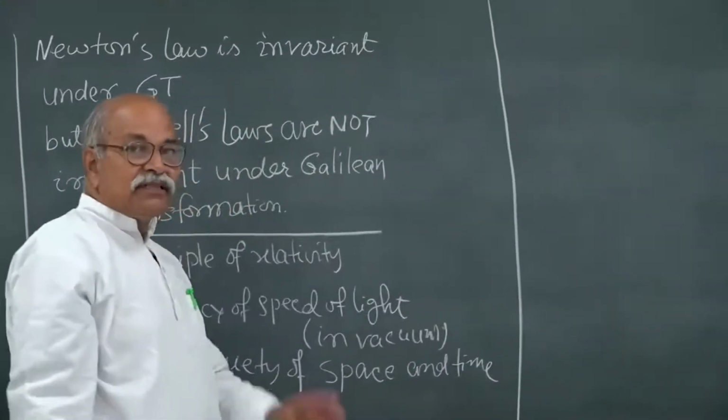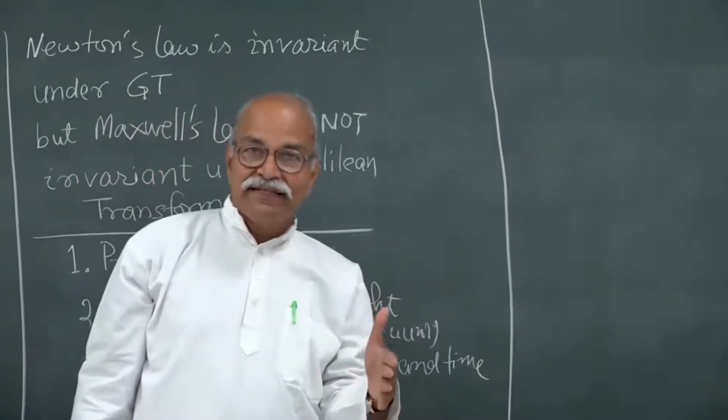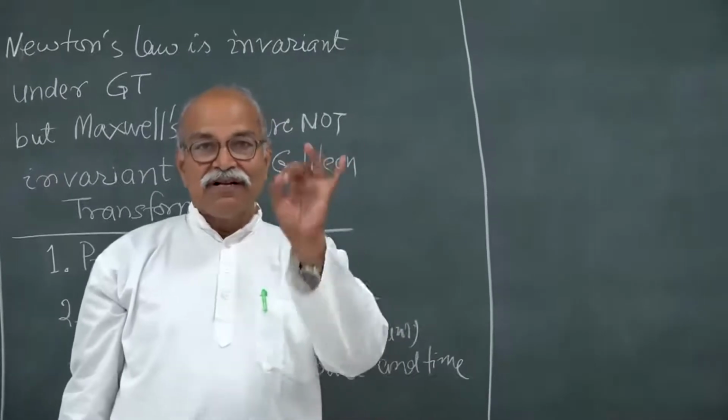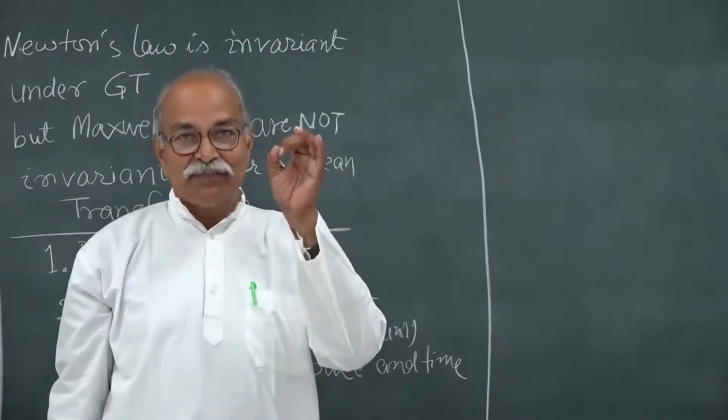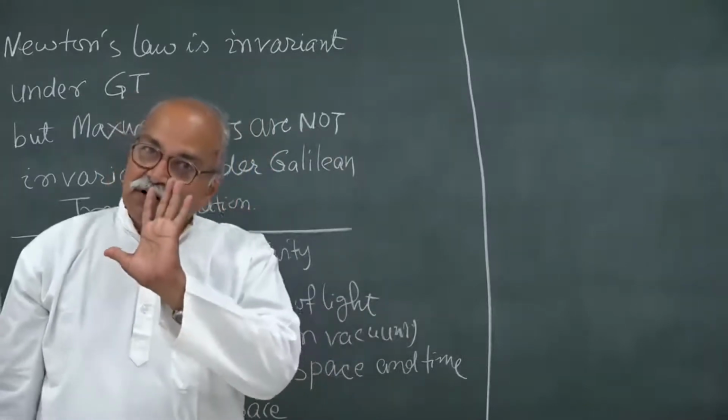So, start with two frames S and S prime, and as I said in the previous lecture, whenever I use S and S prime, this nomenclature, the meaning will always be the same.